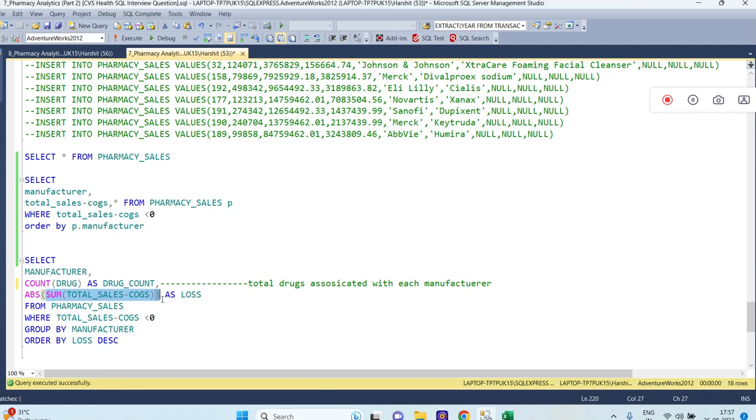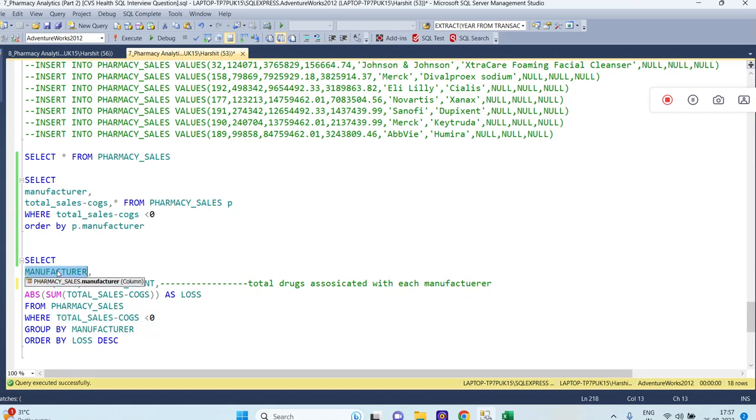So total sales minus costs, and when this value, total sales minus costs, is less than 0, then it is associated with the losses, right? So we need to identify only the manufacturers that have incurred the losses, so we need to filter over here with total sales minus costs less than 0.